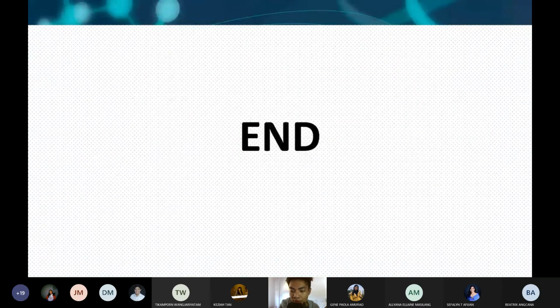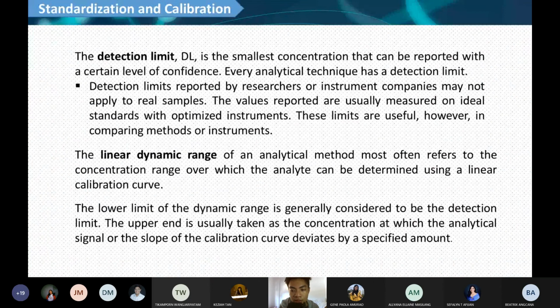So that's all for chapter 2. That means there will be no calculation in your quiz. So quiz 2 will be a lot easier than quiz 1.